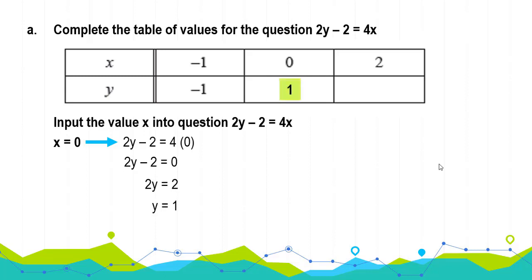The second step. Input x equals 2 into the equation 2y minus 2 equals 4x. So, we can write 2y minus 2 equals 4 times 2.